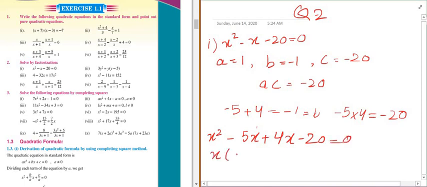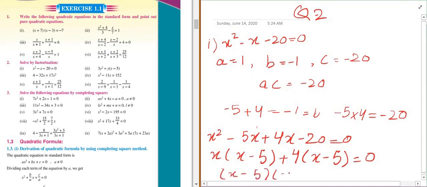Just take x common, x minus 5, plus take 4 common, x minus 5 equals 0. This becomes x minus 5, x plus 4 equals 0.